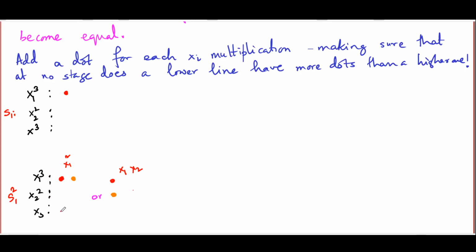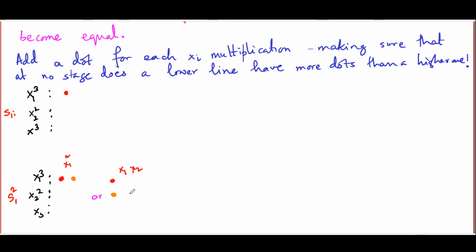You cannot put a purple dot here because then the third line will have more dots than the second line. On the other hand, if you start from this particular version, you can put a purple dot here, right next to this red dot. That will actually signify multiplication by x1 square x2. You can also put a purple dot here.